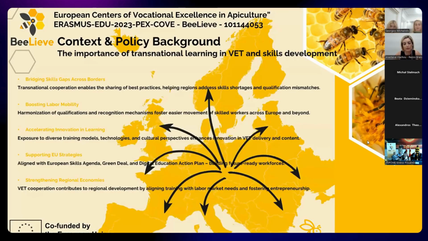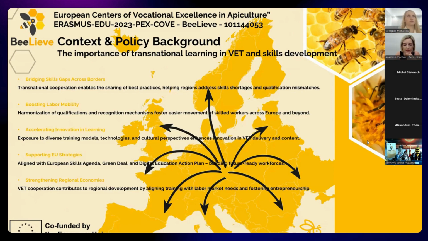So transnational learning plays a crucial role in vocational education and training, especially in today's fast-changing labor market. It helps bridge skills gaps across regions by sharing best practices and aligning qualifications. Additionally, it turns labor mobility, making it easier for skilled professionals to move and work across Europe.